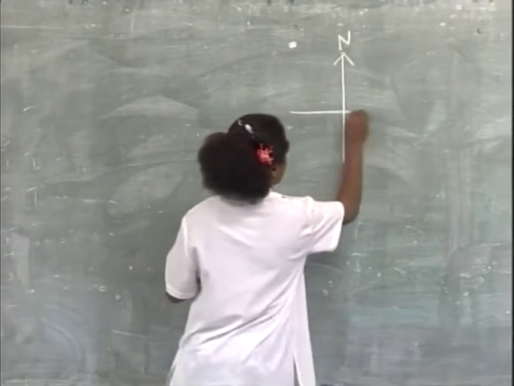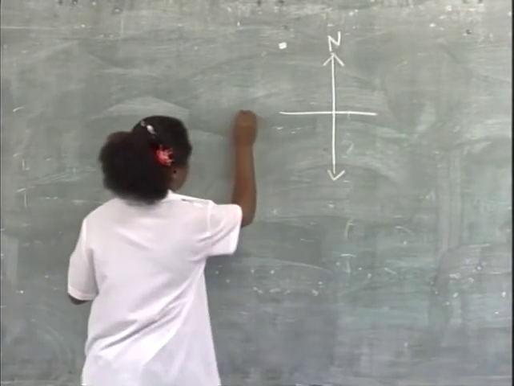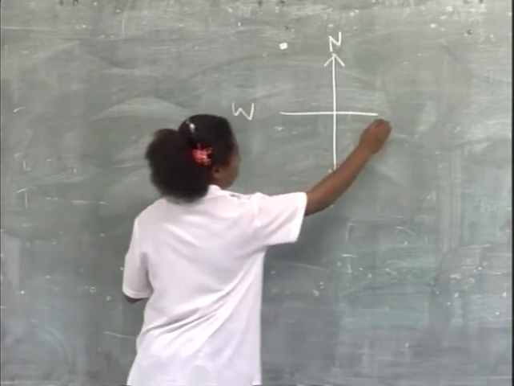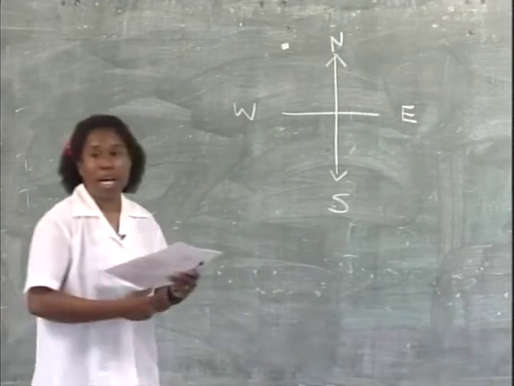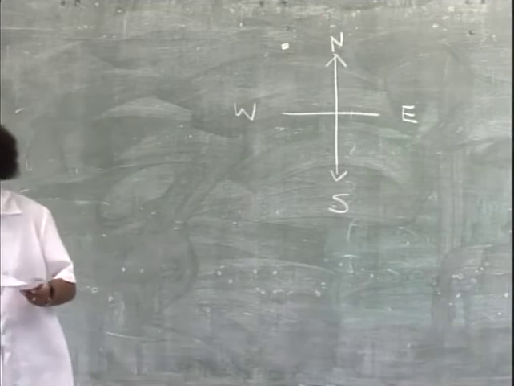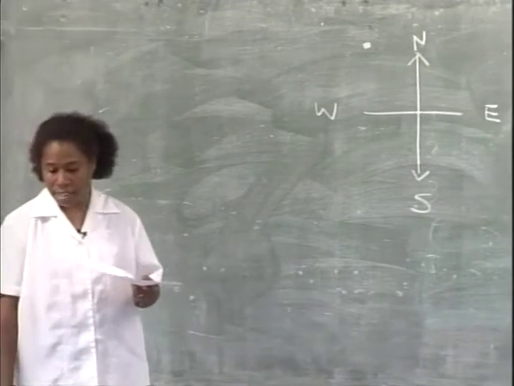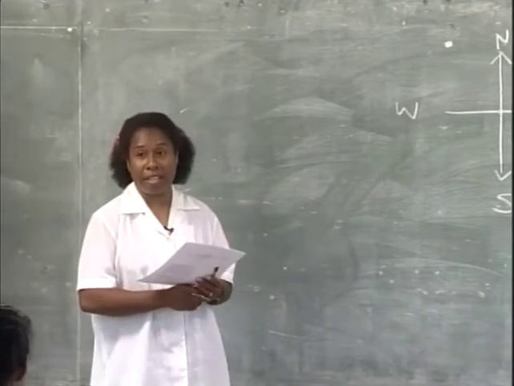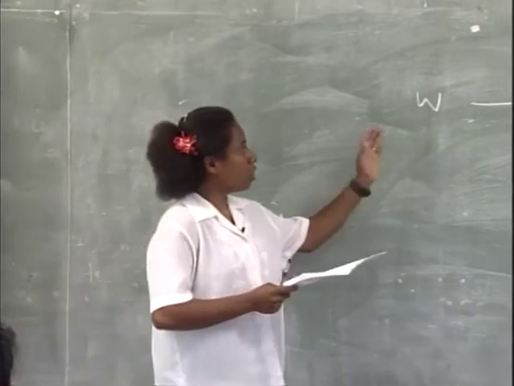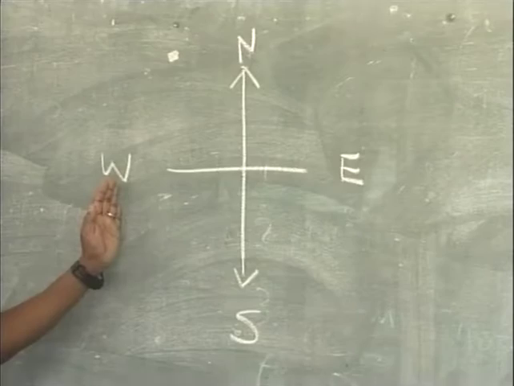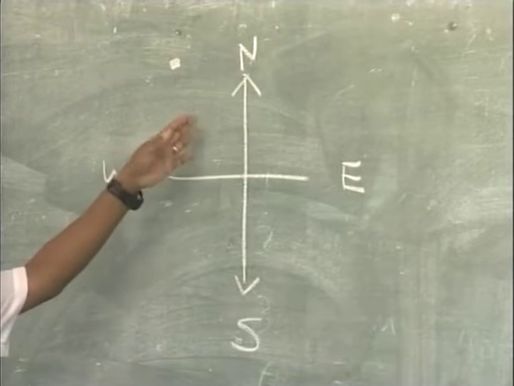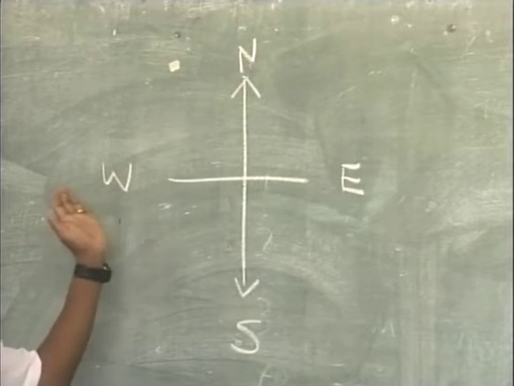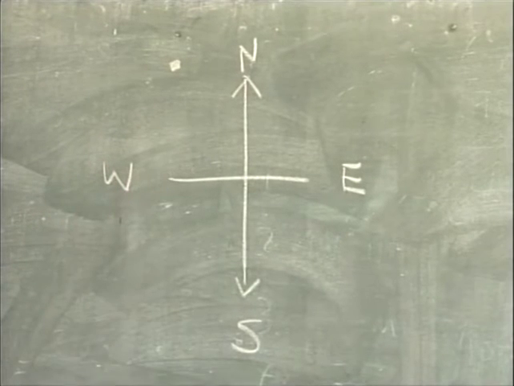Knowing the north point, we can work out the west direction, the east, and the south. So those 4 cardinal points of a compass, the north, south, west, and east, are what we would usually call the 4 main cardinal points. So if you were asked to give the cardinal points straight away, you can say the north, south, west, and east.